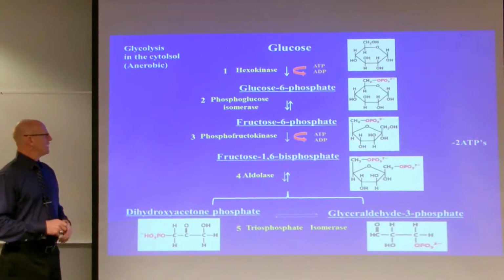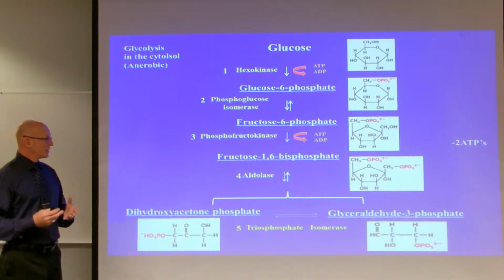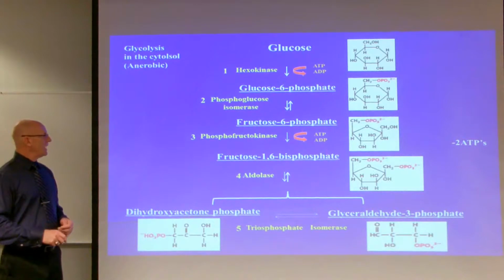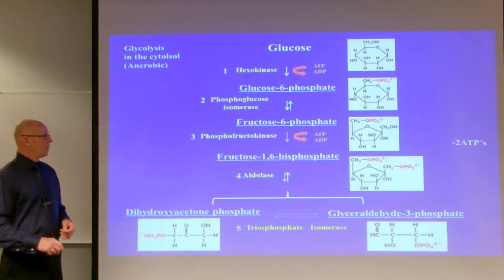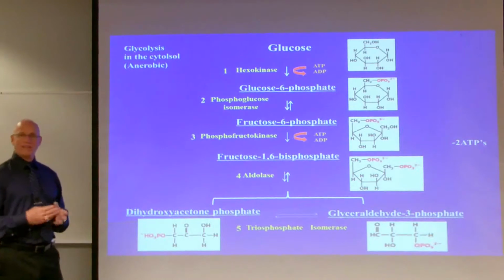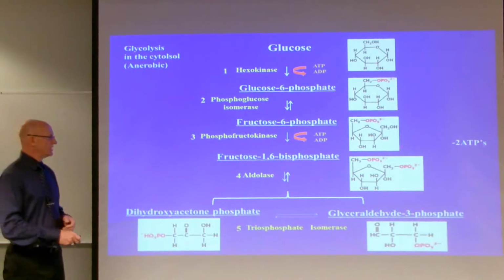Then the third step is phosphofructokinase, another kinase, and it's going to cost an ATP here. Well, that will put on another phosphate, and that will become fructose 1,6-bisphosphate. So now you have a phosphate on number 1 carbon and on number 6 carbon. Now this is a very unstable molecule, and what's going to happen is we're going to have to split this in half.